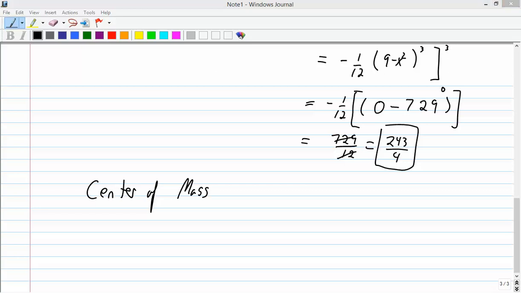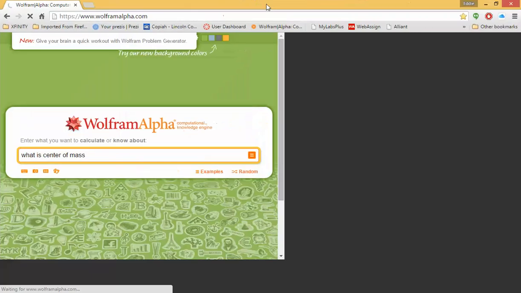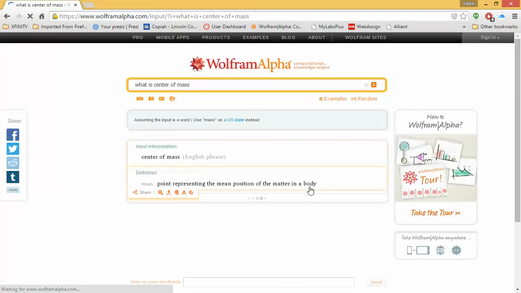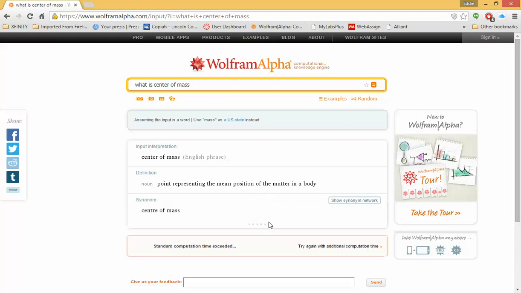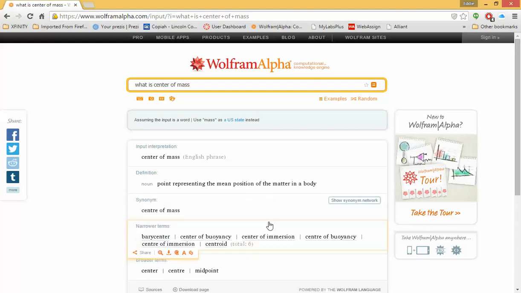Let's see. See what it says. Point representing the mean position of the matter in a body. Okay.